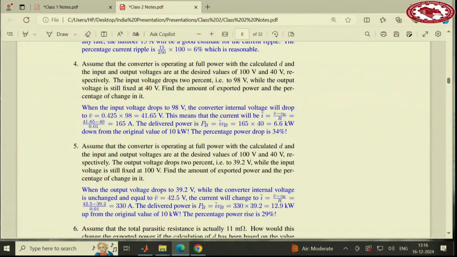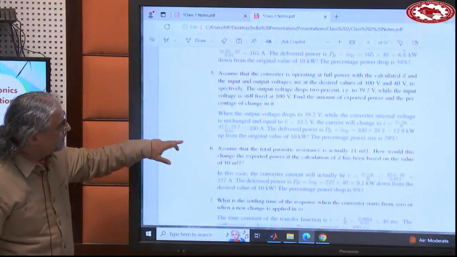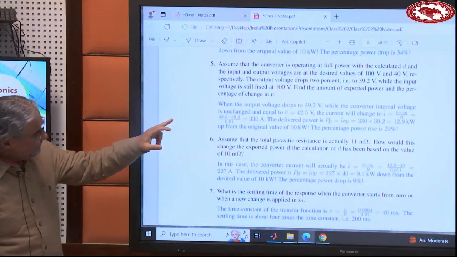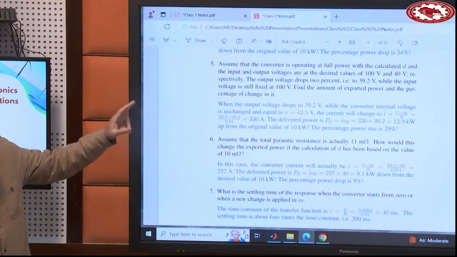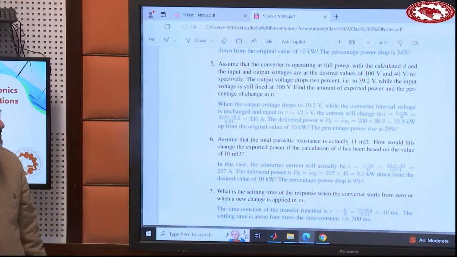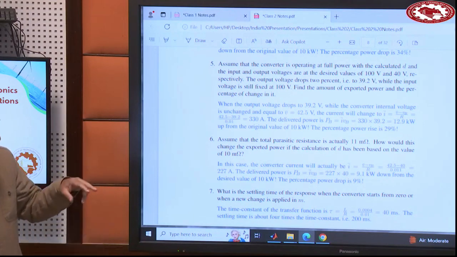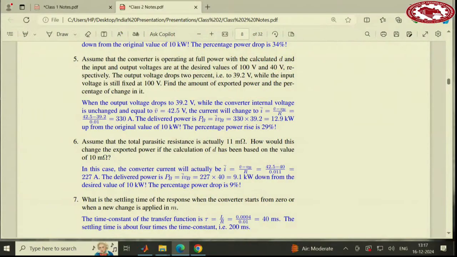Okay. Now look at another scenario. Let's say in this scenario, the output voltage drops. Again, 2%, from 40 volts to 39.2. Okay, the input voltage does not change. So 100 volts, duty cycle the same, 0.425.